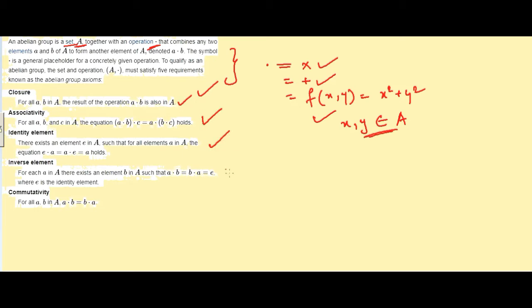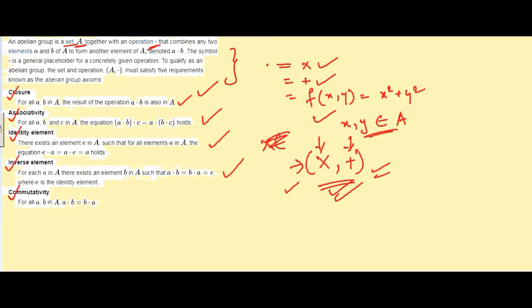If you have some basic structure like maybe x, and maybe plus, this is a binary structure, with this set and this operation, and you want to prove that this basic structure is an abelian group, then you have to prove all these 5 properties here. So here we'll look at these properties.